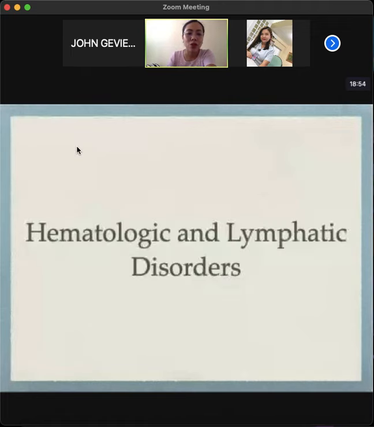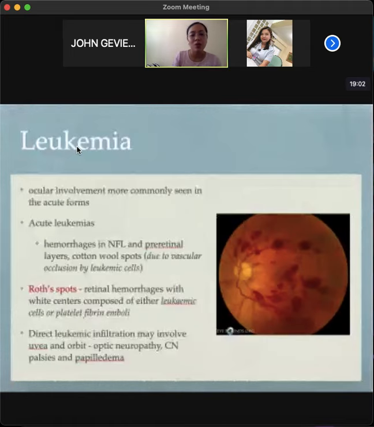So let's go now to more of the hematologic or lymphatic disorders that usually have eye manifestations in severe cases. So particularly leukemia. Eye manifestations are more common in acute forms of leukemia.